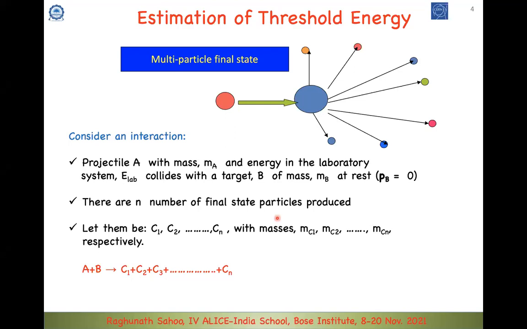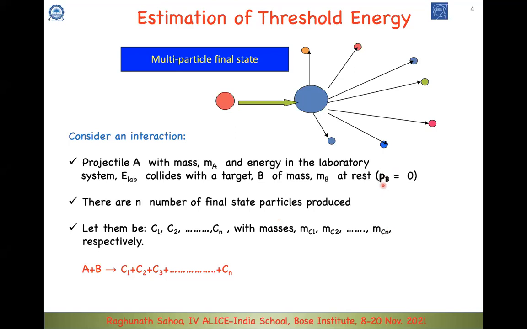I do not know how many particles are produced, and my aim is to develop a generalized formula for any number of particles in the final state, given that it is a 2-particle either fixed target or collider problem. But for simplicity, I have taken a fixed target kind of scenario. So that is the reason p_b is equal to 0.